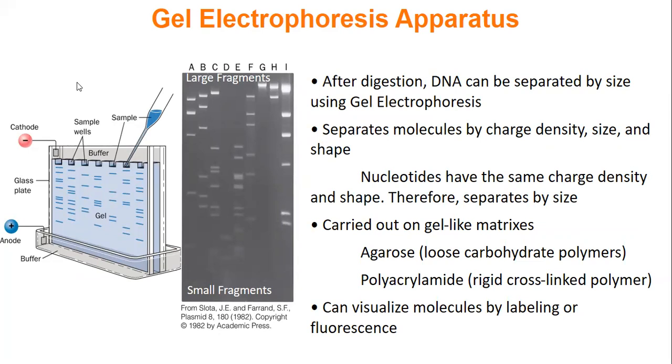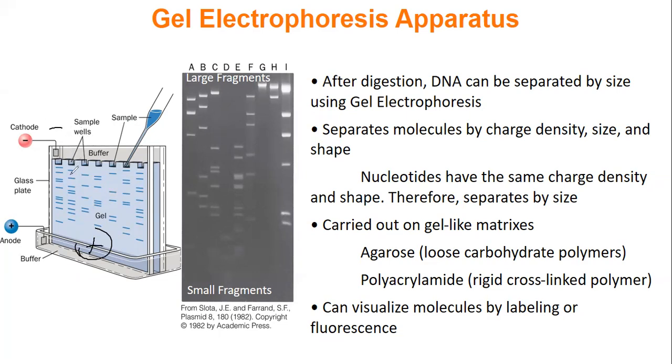Now, when you cut DNA, one of the things that's often done is you run that DNA on a gel. Here on the left is our gel apparatus. And gels are always going to be like this, where you have a positive termini on the bottom and a negative termini at the top.